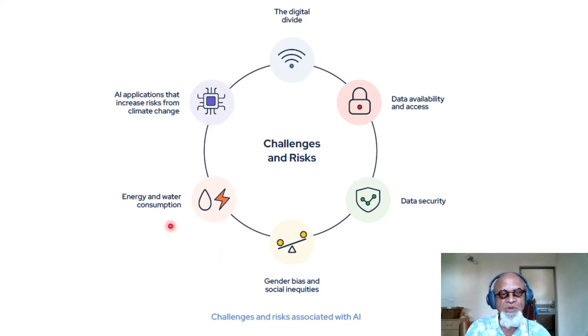Energy and water consumption of the AI, we have discussed this in great detail. So AI itself has to be sustainable, even though AI is helping with energy management, food, water, transportation, and sustainability overall. It also has to be sustainable in its own energy and water use. And AI applications that increase risks from climate change itself.